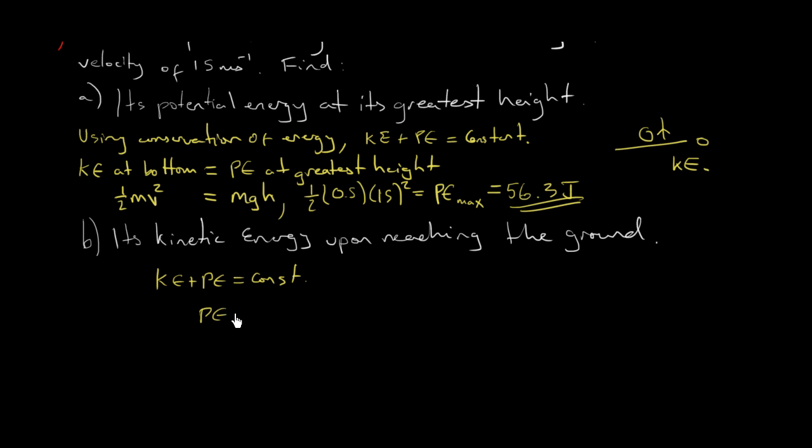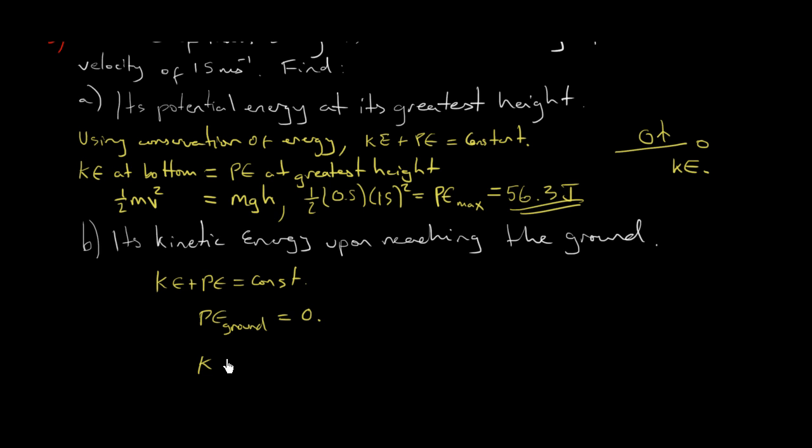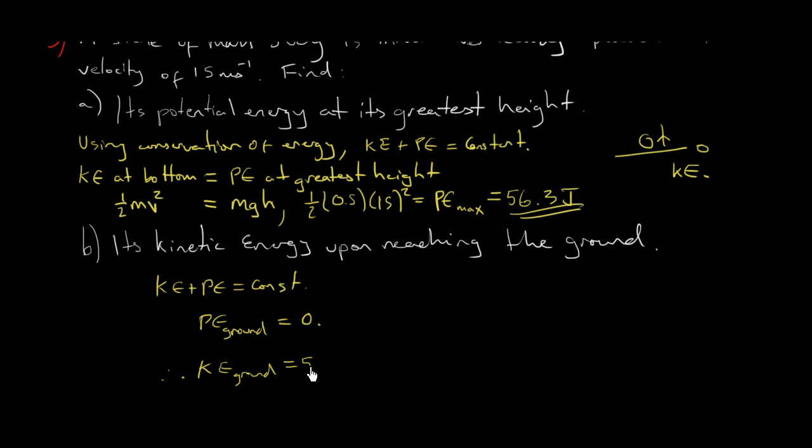The potential energy on the ground we take to be 0, so we're defining it to be 0, and therefore the kinetic energy on the ground when it comes back down is equal to the same thing again, which is 56.3 joules.